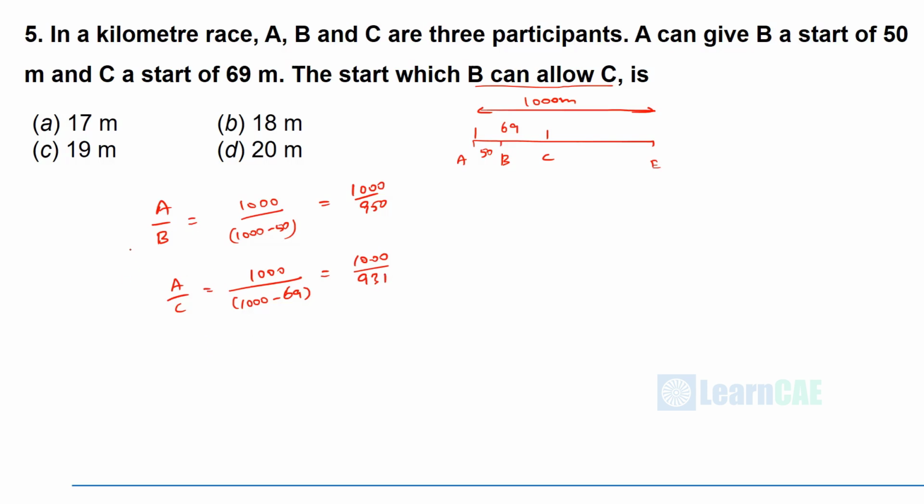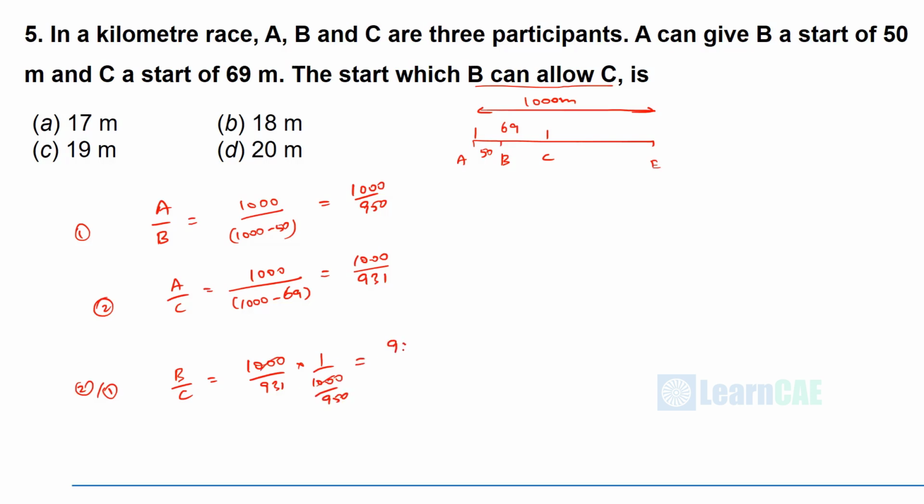Okay. If we divide 1 and 2, we will get B by C. This is what is required, the start which B can allow C. So B by C will be equal to, we have to divide 2 by 1. Okay, because C is in the denominator. So this will be the numerator, 1000 by 931 into 1000 by 950. This will get cancelled.